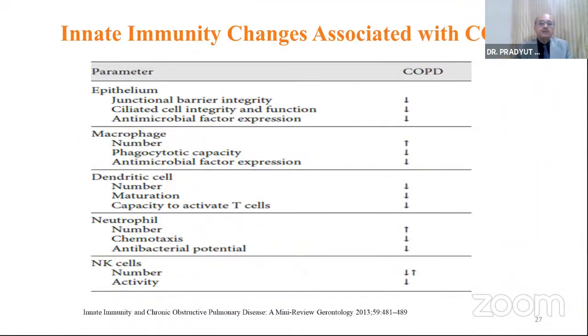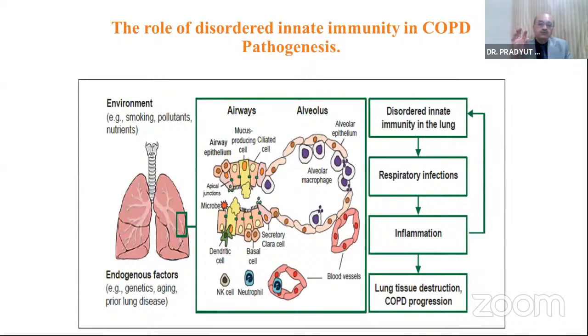So this is just to summarize the innate immunity changes which are present, and how they are affecting COPD patients. Then, what happens to this disordered innate immunity in COPD patients? We know that these immunity disorders are occurring in COPD patients. So this disordered innate immunity, due to exposure to environmental pollutants, decreases the innate immunity, resulting in recurrent respiratory infections, causing inflammation. And again, it becomes a vicious circle.